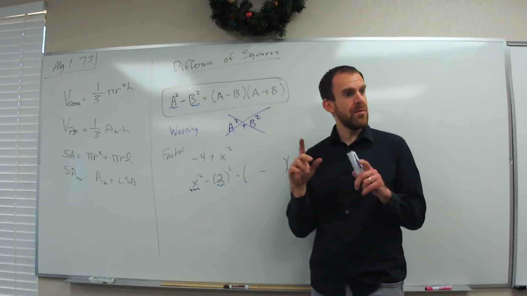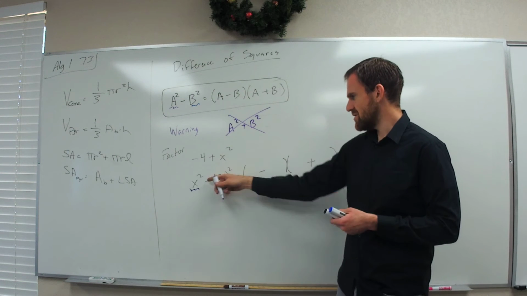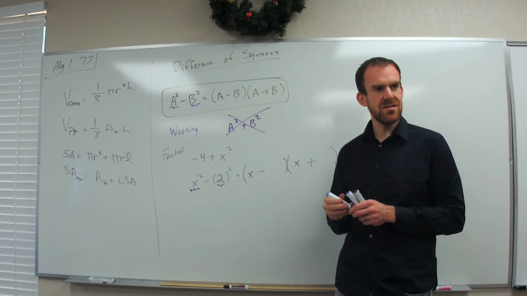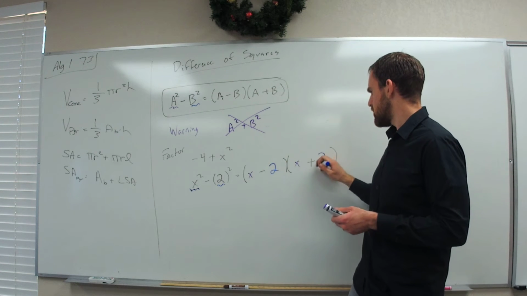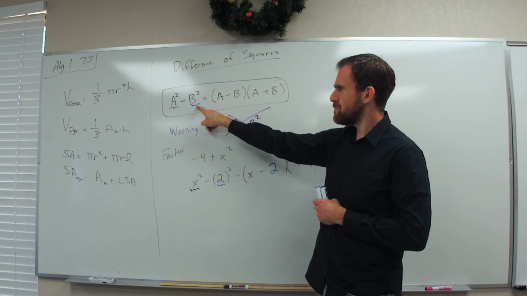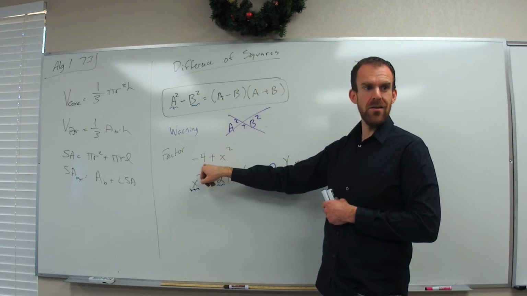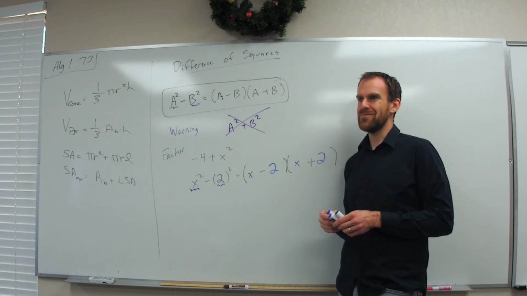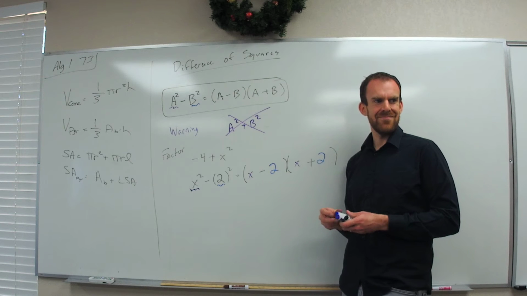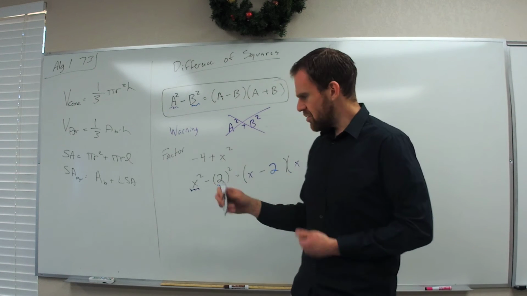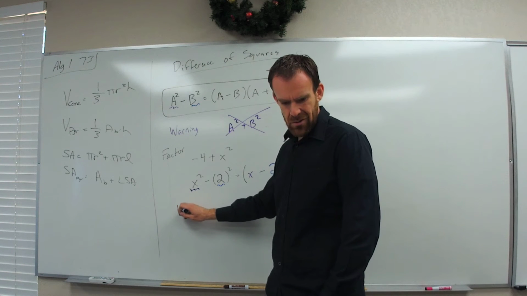Now all I'm going to do is plug in a, which was x, and b, which was 2. Why did I use 2 instead of 4? Because b squared is 4, so b must be 2. All right, I'll have you try on your own. Let's do a more difficult one.